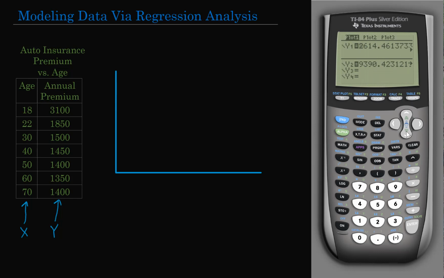Okay, so what I'm going to do now is this second equation is listed in y equals. I'll come down to y2, and I'm going to jot down what this equation looks like. What I have is y is equal to 9390.423. Okay, and remember, we're just going to use 3 digits when we report things on paper, so you don't have to write down all of these digits.